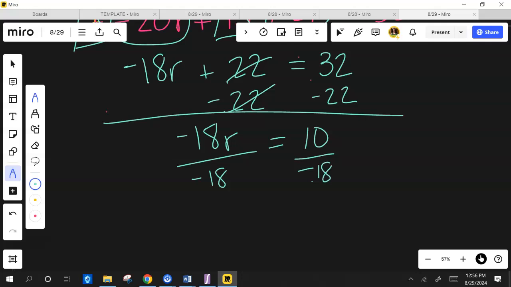Let me show you a little trick. If you've got this calculator right here, let me show you a little trick that you may not have ever been shown before. This is cool. You ready?